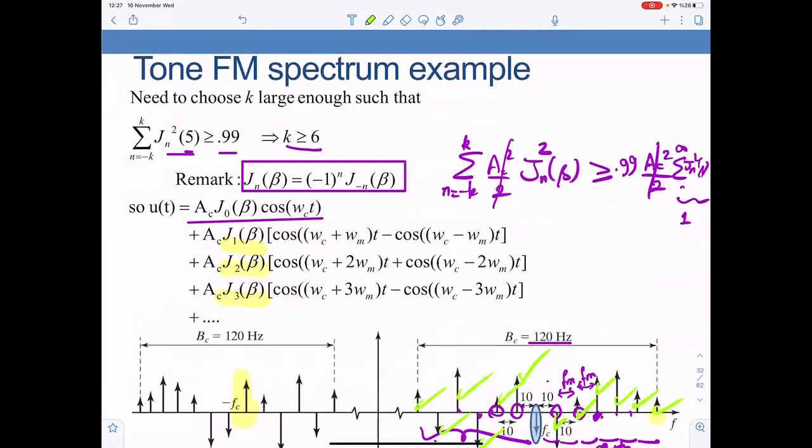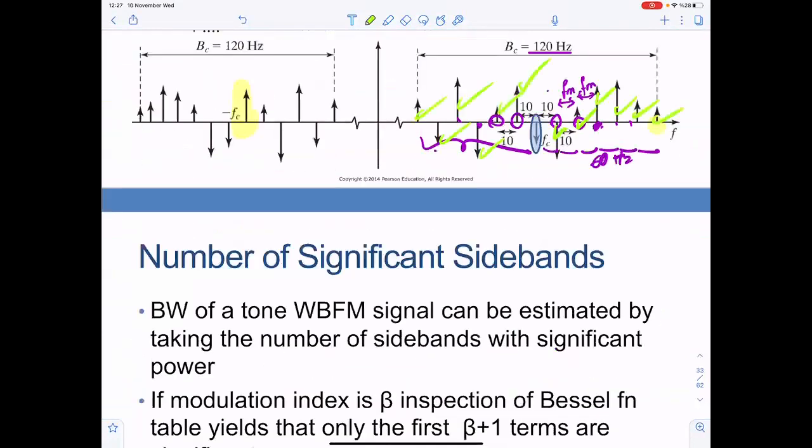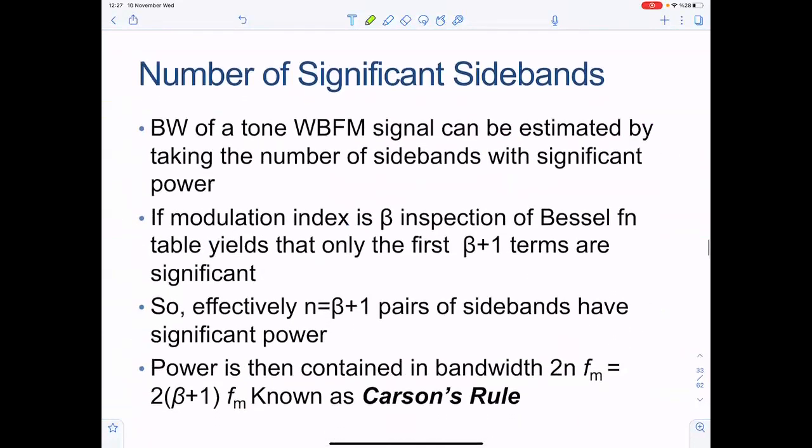Okay, so either this is 1, and we are summing this to be 0.99 or more, or somehow we know what the value of this is, and we're summing these to 0.99 of that. But you get the idea, right? So the number of significant sidebands can be estimated by taking the number of sidebands with significant power.